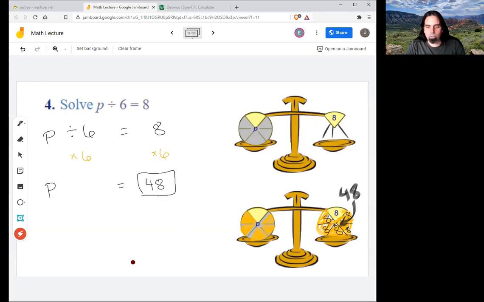So if this helps you, great. If not, don't struggle with it. The whole purpose is to understand that if I'm doing times 6 to both sides, then there should be some clever way to actually think about what the times 6 is in a picture. I'm making 6 copies of something.